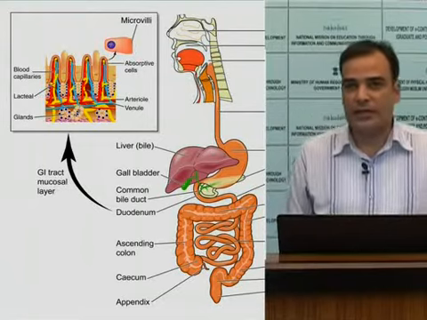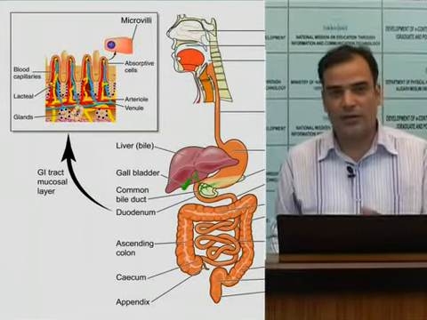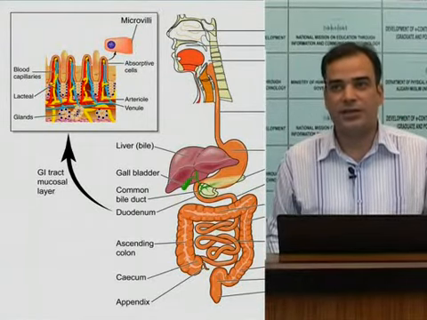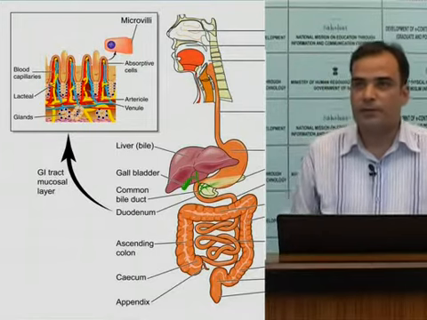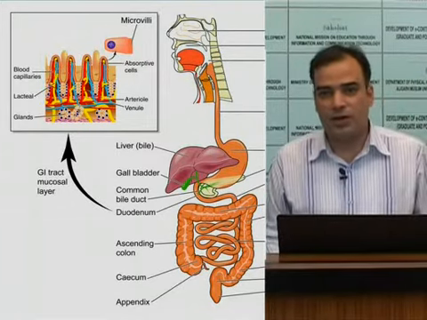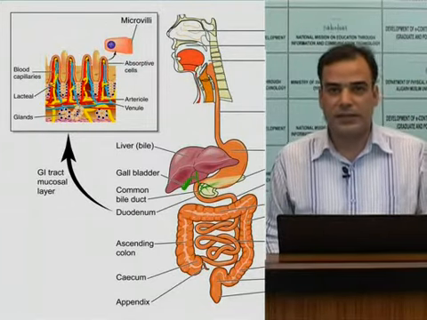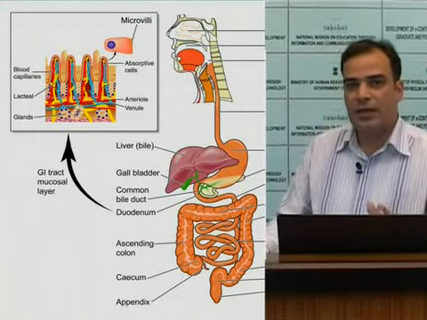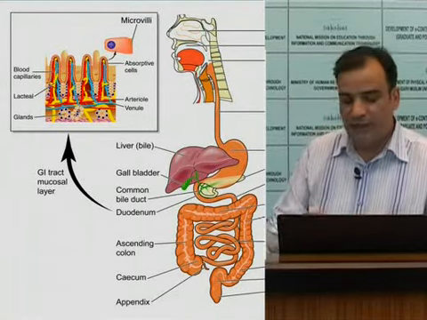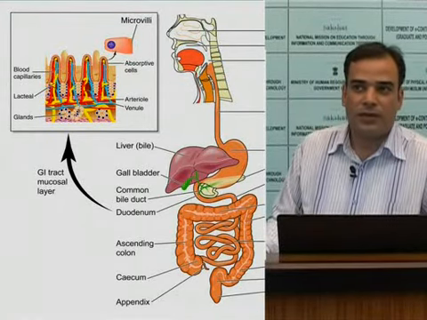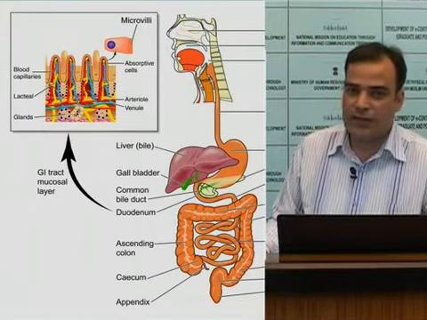Liver is an accessory organ of the digestive system which secretes a secretion called bile. Another accessory organ of digestive system is pancreas. This pancreas secretes a cocktail of enzymes, so many different types of enzymes which are very essential for the digestion of the food.